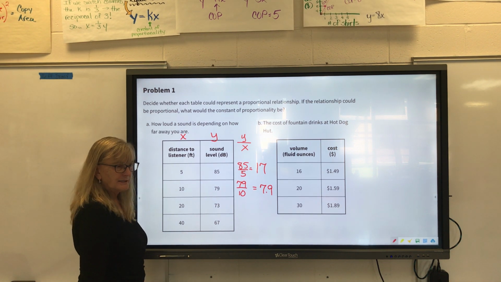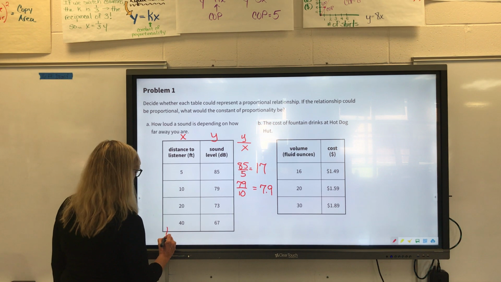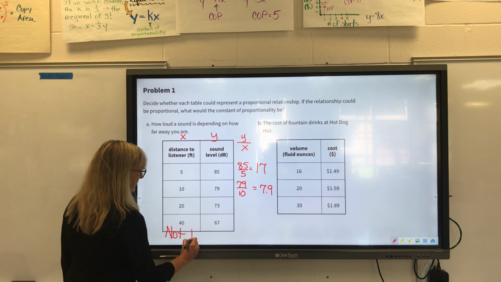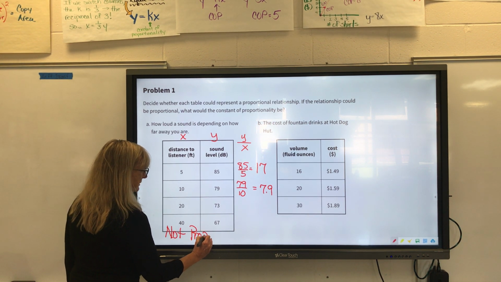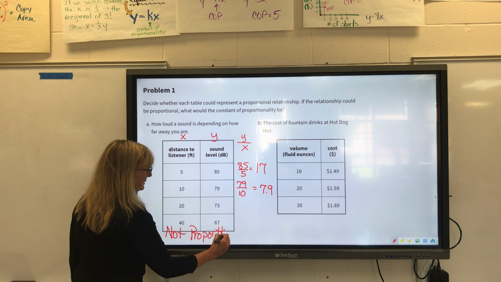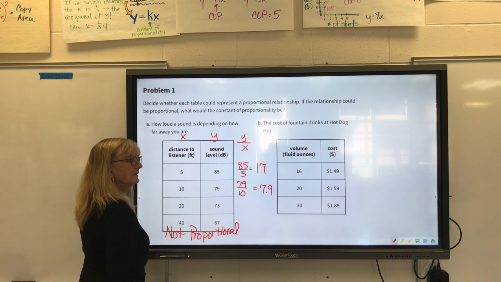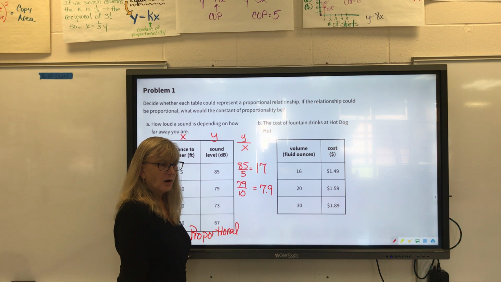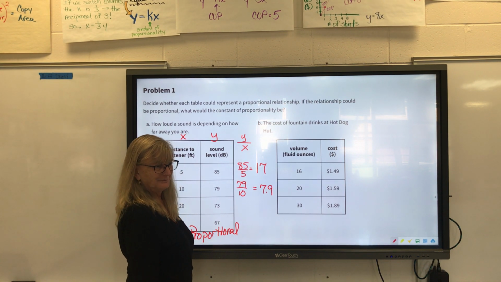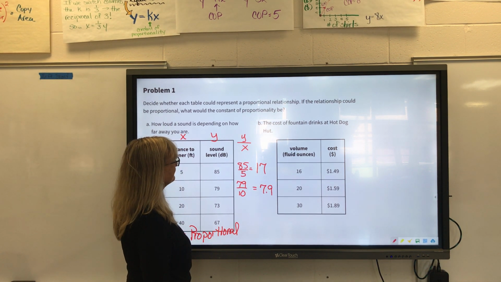No. Do I even need to go on? No. This is not proportional. And you can probably ask Ms. Kilbane why it's not proportional. Okay, it's a good science question.